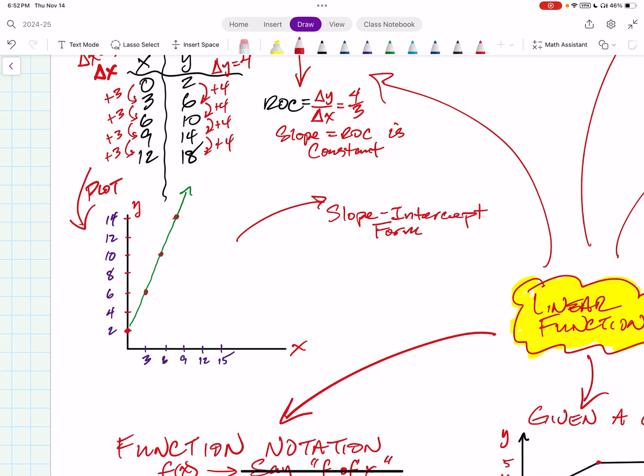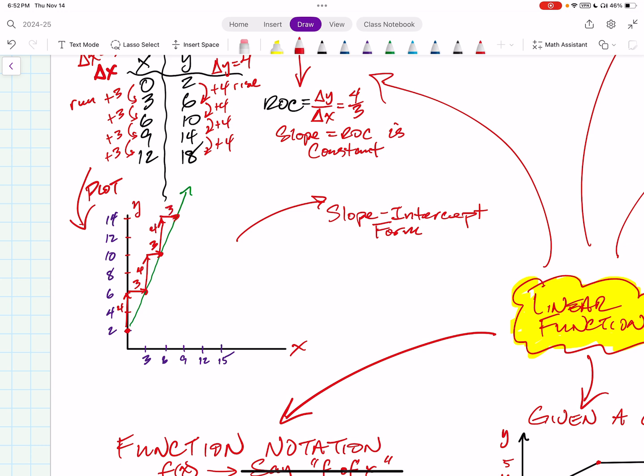Let's talk about slope here. Notice that delta y is the rise, and delta x is called the run. So we go up 4. Grab your red pen: up 4, right 3. When you're taking notes, take detailed notes so that you know what's going on.